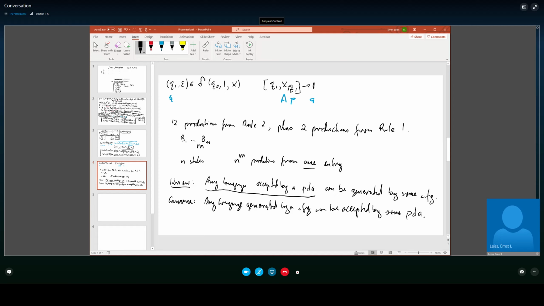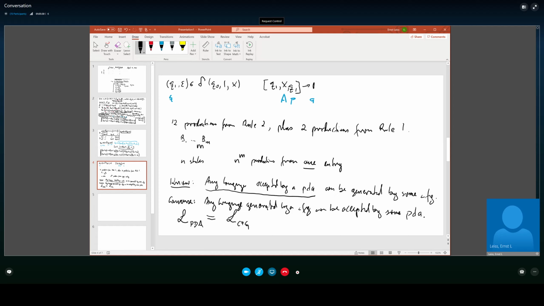So that means now if we have the class of languages accepted by push-down automata, and the class of languages generated by context-free grammars, that happens to be exactly the same class of languages. So whatever you can do with a push-down automaton, you can do with a context-free grammar, and whatever you can do with a context-free grammar, you can do with a push-down automaton.